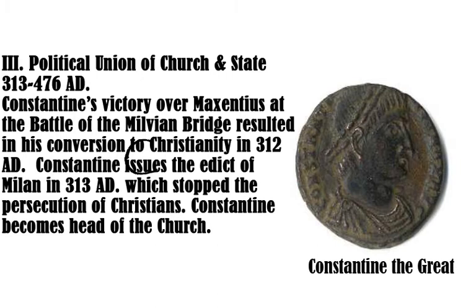Constantine issues the Edict of Milan in 313 AD, which stopped the persecution of the Christians. Constantine the Great becomes the head of the church. And here is a coin with a picture of him on it.